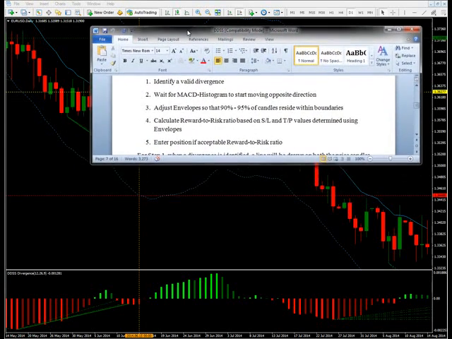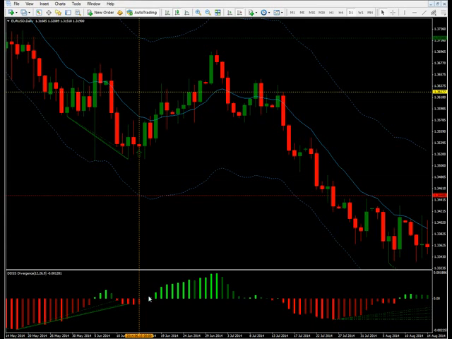We need to first identify a divergence. This is done for us with the lines that are drawn on the chart. Then we need to wait for MACD histogram to start moving in the opposite direction. So if we look down here, we have our divergence line, and now MACD histogram, which was decreasing, has started to increase.